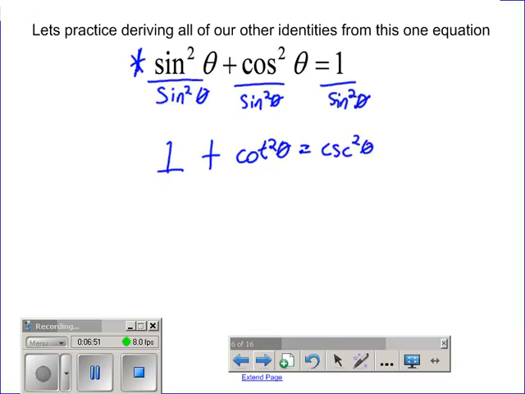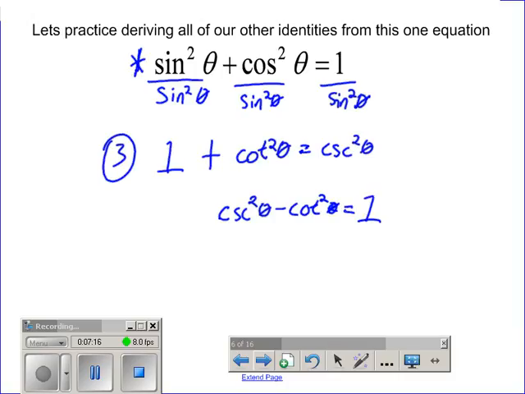Okay, this is your third and final one of those Pythagorean identities, to be able to move these things around. Now I also need you to be able to tell me that if I said cosecant squared theta minus cotangent squared theta, that should equal 1.